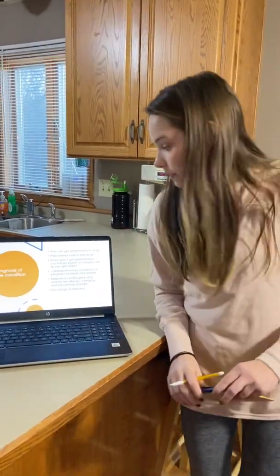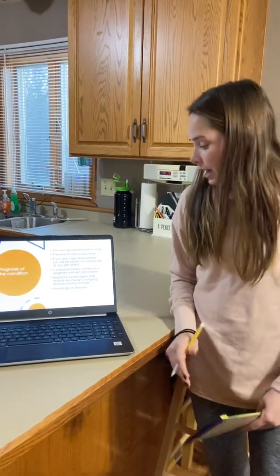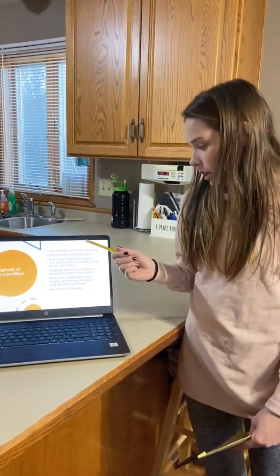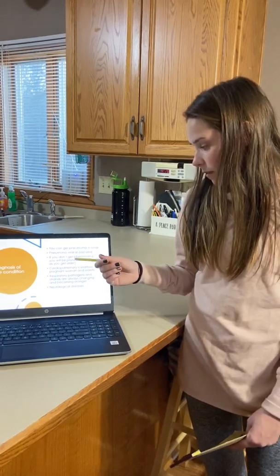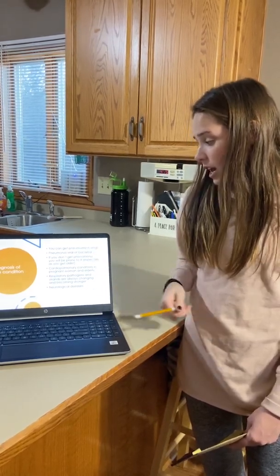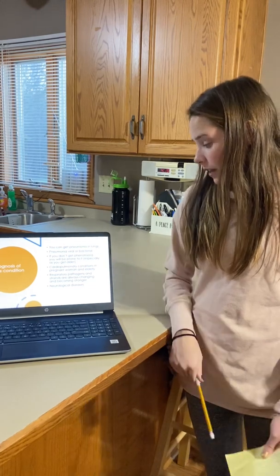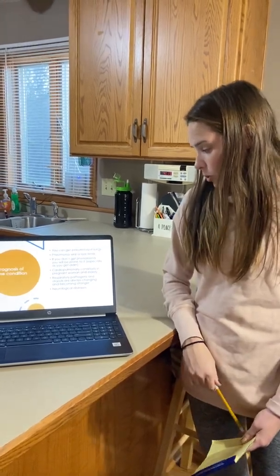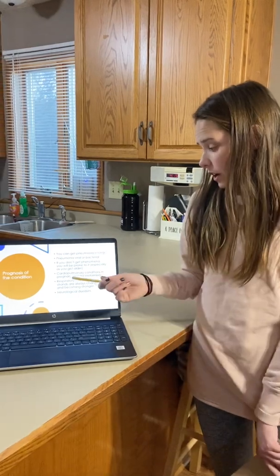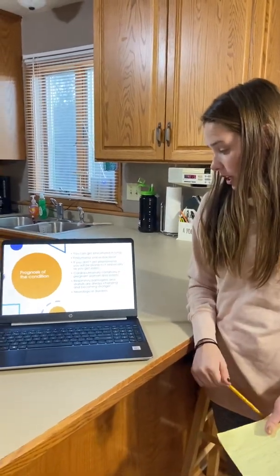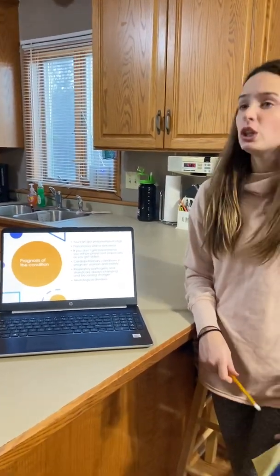So progressions of the condition is you can get pneumonia in the lungs, viral or bacterial. And then if you don't get pneumonia, you will be prone to it, especially as you get older. So if you don't get pneumonia right away, you'll probably get it as you get older for sure. And then you have your cardiopulmonary conditions in pregnant women and elderly.